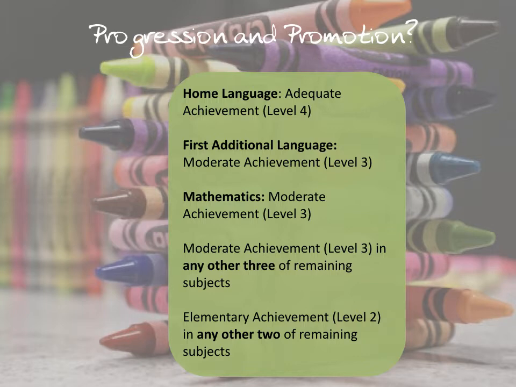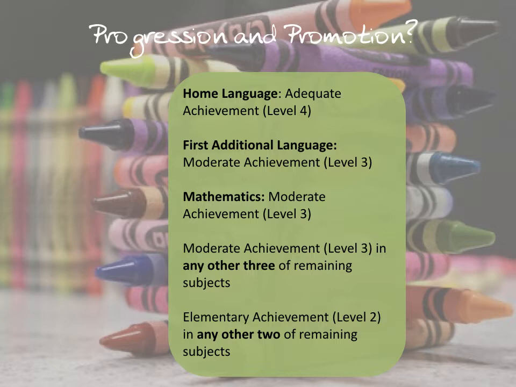In both first additional language and mathematics, it is a level 3, which is between 40 and 49%. Then the learner needs to get a moderate achievement, level 3, which is 40 to 49%, in any 3 remaining subjects. So of the subjects that are left, any 3 need to get a level 3, and then any of the other 2 need to be a level 2. And of course, a level 2 is between 30 and 39%.